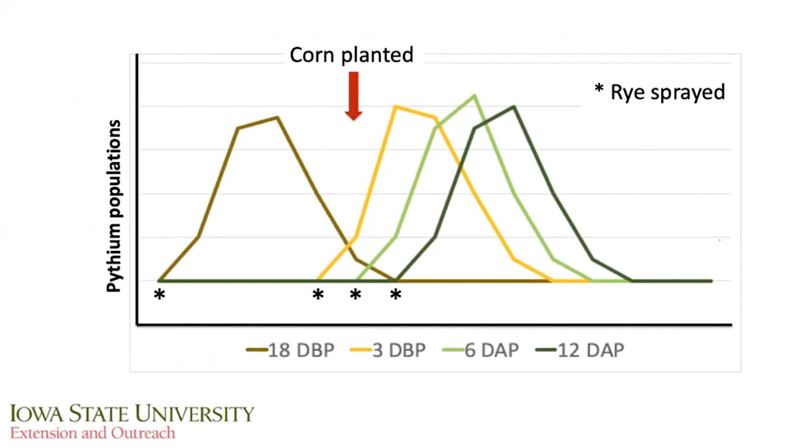Then for 3 days after planting, 6 days after planting, and 12 days after planting, we shift that curve to the right, okay? The corn all gets planted on the same day. So we're looking at how these different Pythium populations might affect seedling disease and growth of the corn.